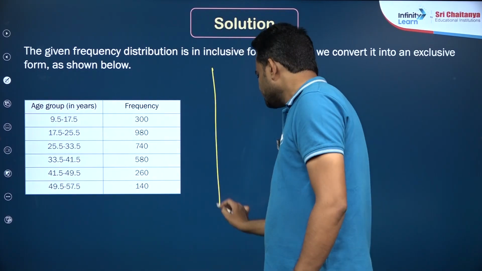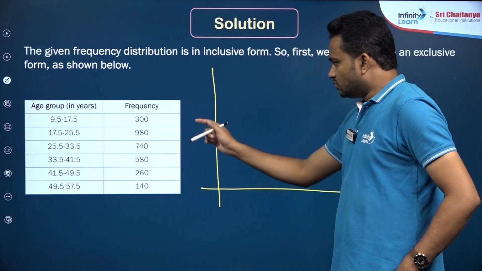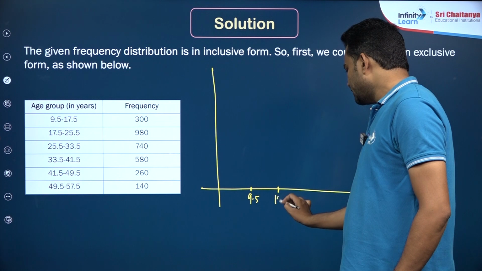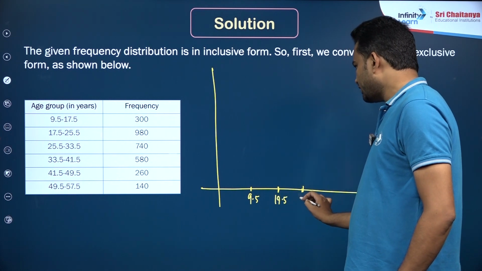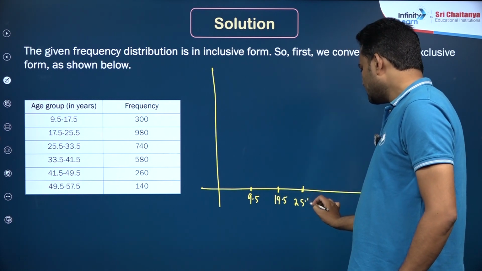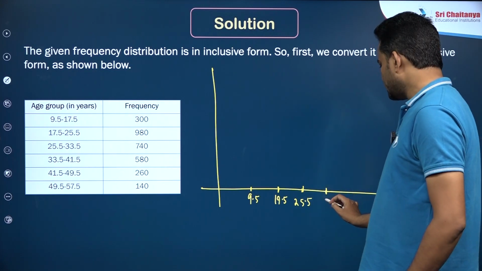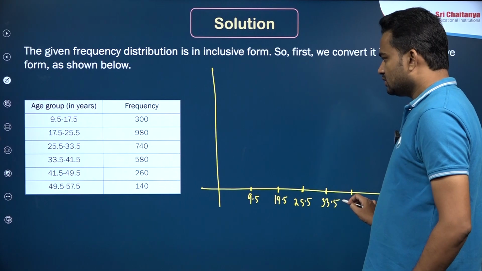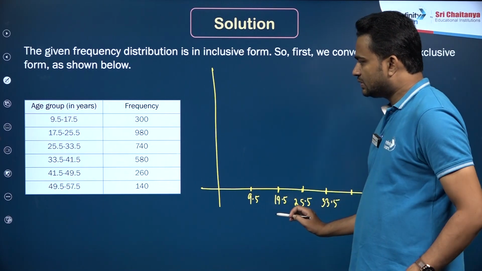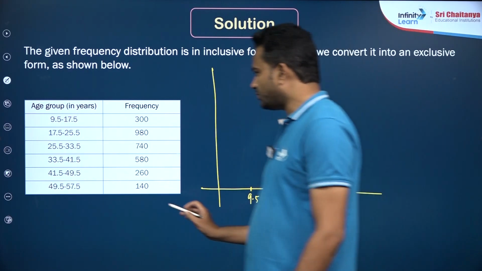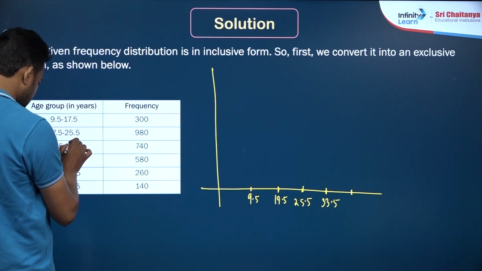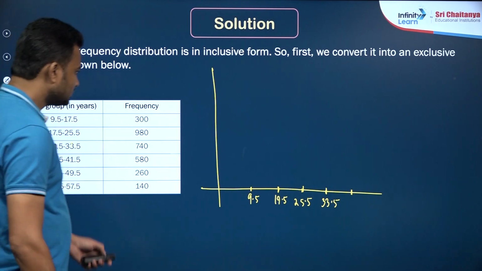How will we do this? So 9.5 to 17.5, then 17.5 to 25.5, then 25.5 to 33.5. No, not 30, this will be 35.5. Yes, please correct this. Let me check.